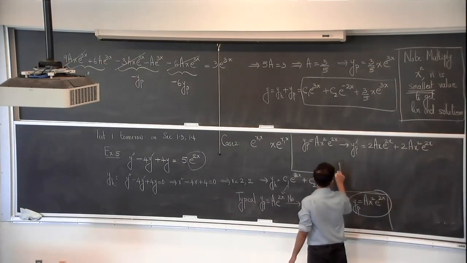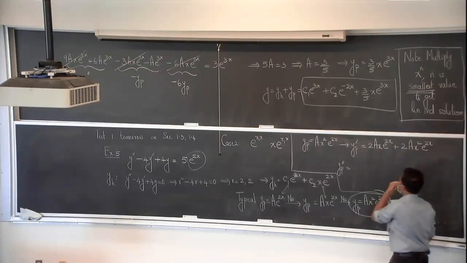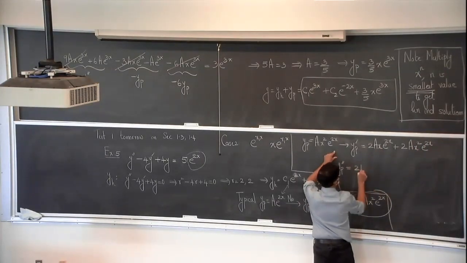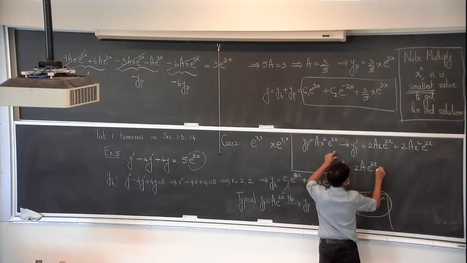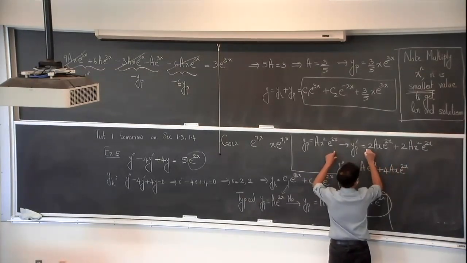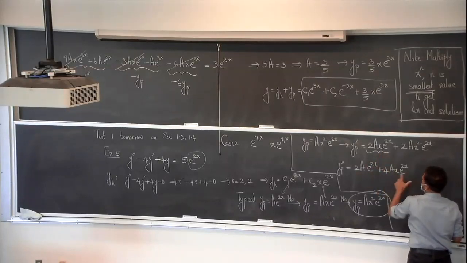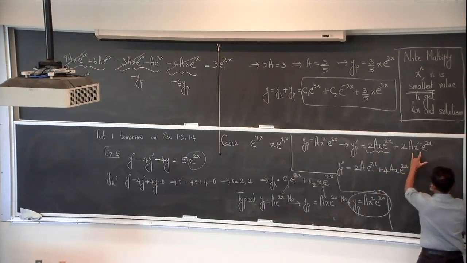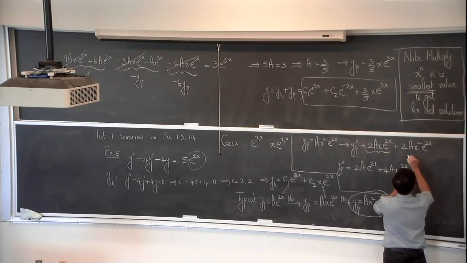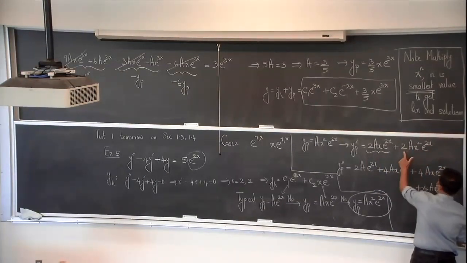And yp double prime. Product rule here, product rule here. So it's going to be 2a e to the 2x plus 4ax e to the 2x. Both those terms come from the first one by product rule. Product rule on this one will give you 2a times 2x, 4x e to the 2x plus 4a x square, okay, because of the 2 up here, e to the 2x.